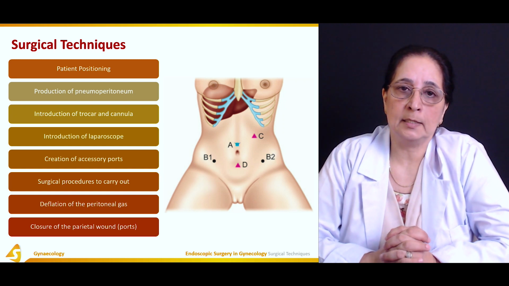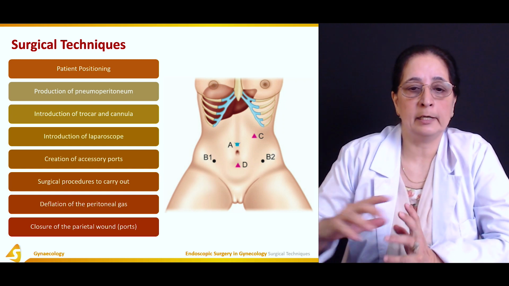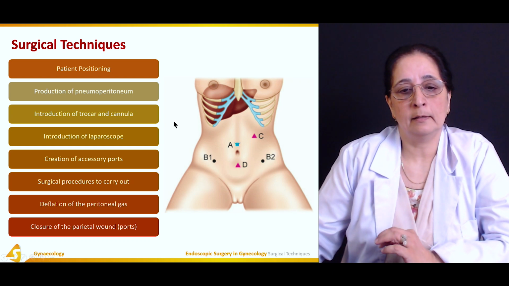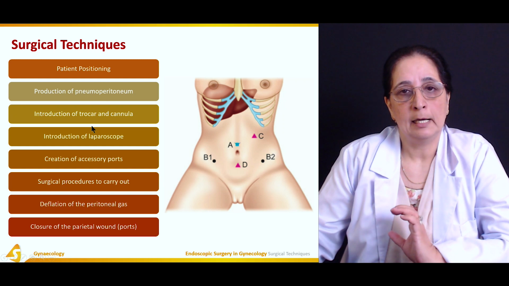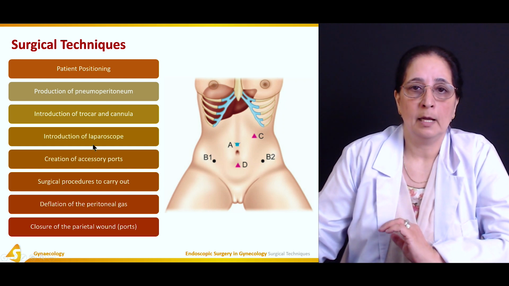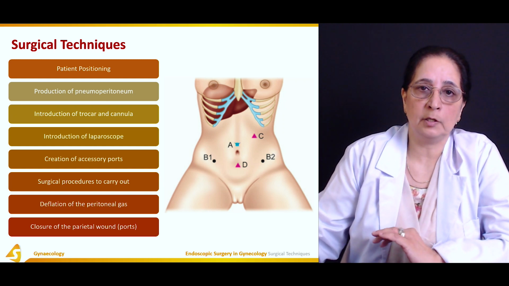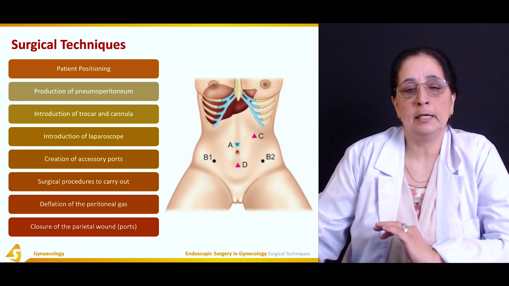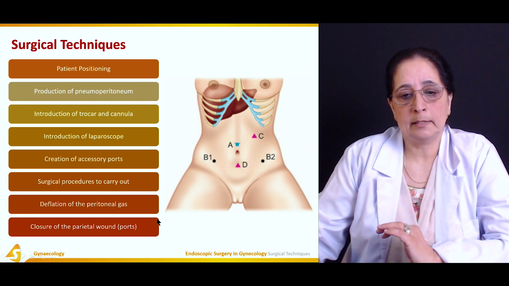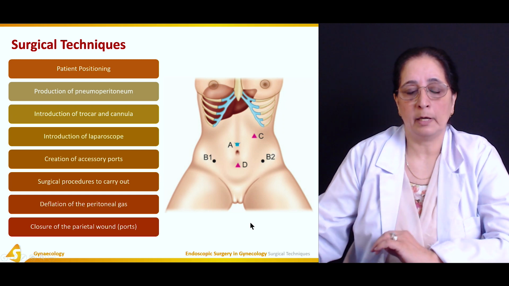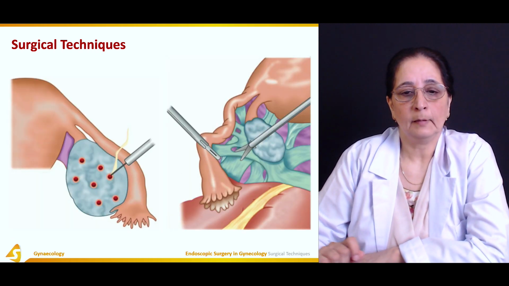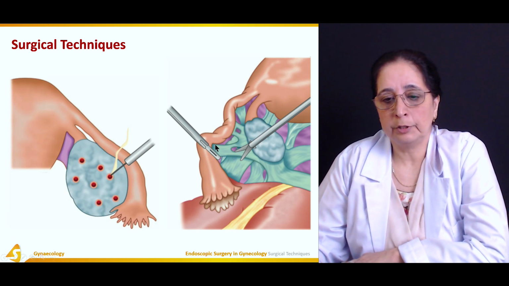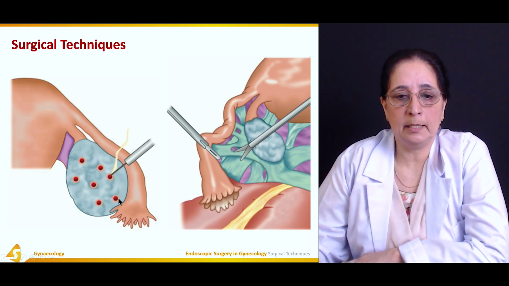After that, there is insertion of trocar and cannula, and then the trocar is removed, and instead of that, laparoscope is inserted. After the surgical procedure is performed, the accessory ports are removed after the gas is removed.